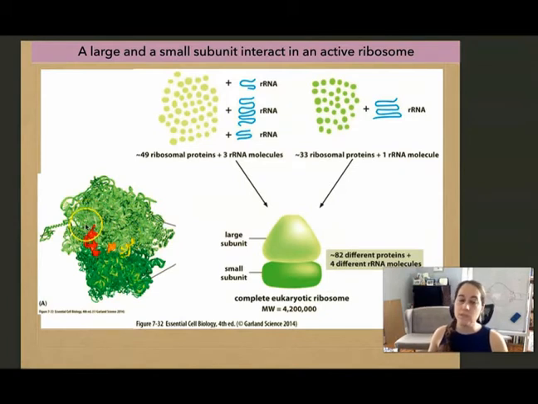It's a little bit difficult to see. The lighter top part is the large subunit, and then the darker green part down here is a small subunit. And then these three colors in here, which you can hopefully see, are the places where 3 different tRNAs can bind, or the 3 different places where 1 tRNA can bind, depending on how you look at it.